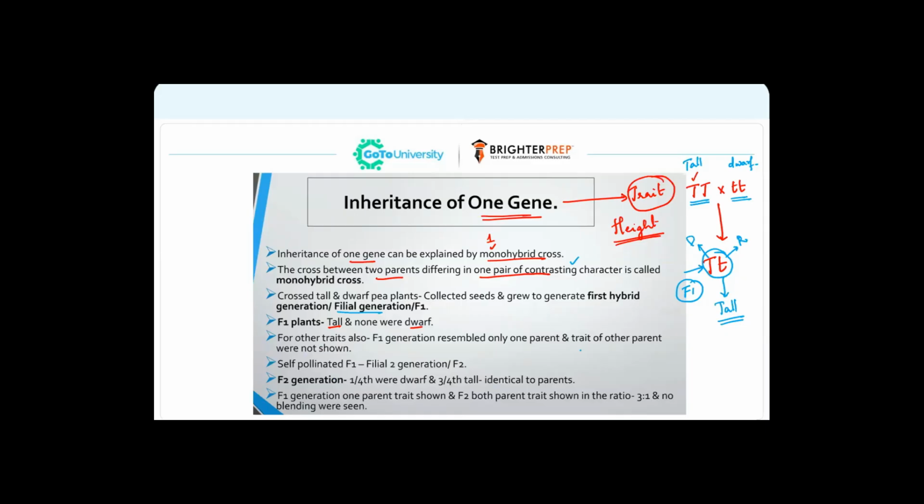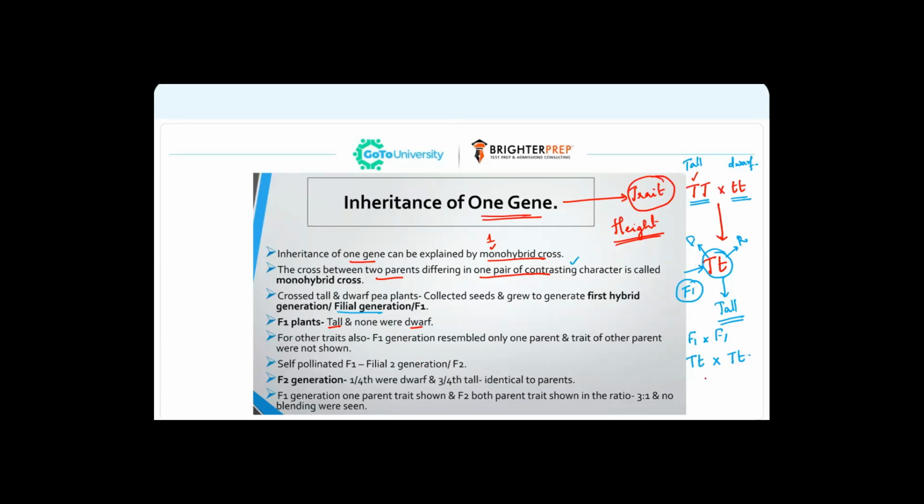Now, in the second case, they did self-pollination of the F1 generation, that is F1 crossed with F1. We can say a heterozygous genotype crossed with each other.